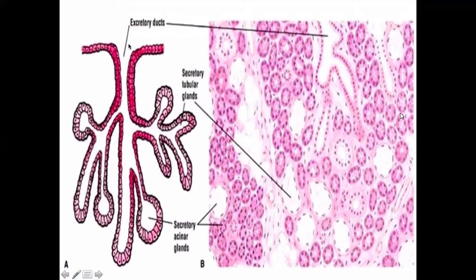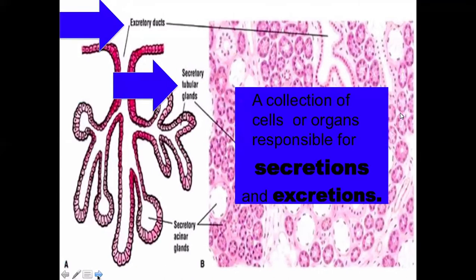Because every gland needs to have a product. The product is made by the secretory tubular glands. Then after secretion of that product, it must be excreted to the parts where it is needed. Therefore a gland must have an excretory portion and a secretory portion.